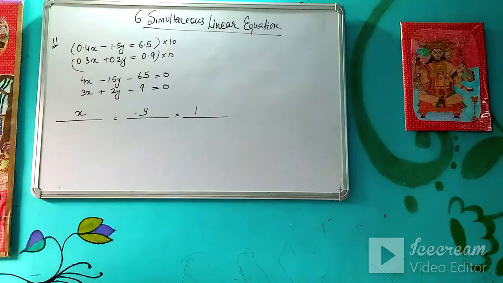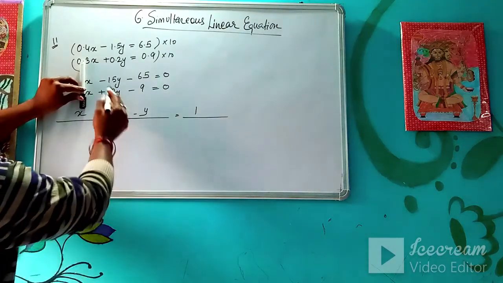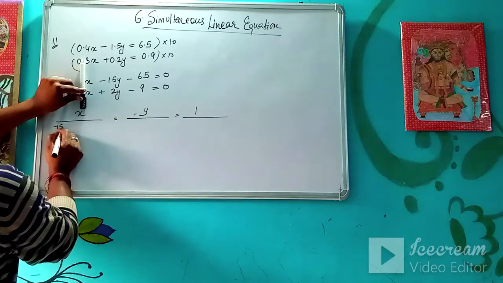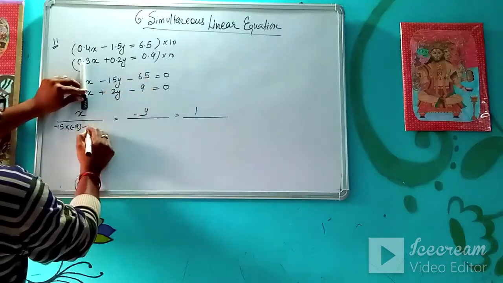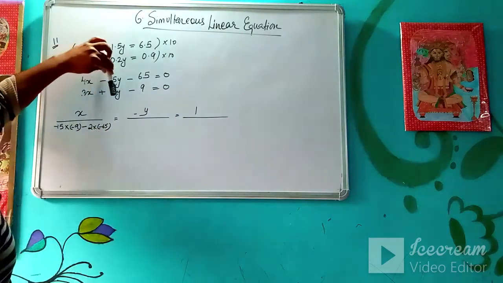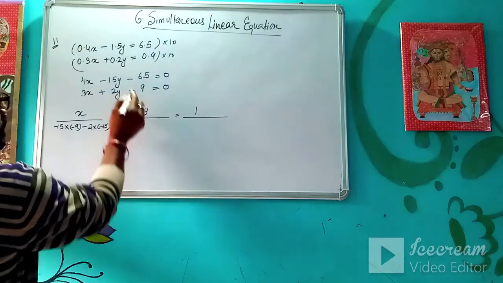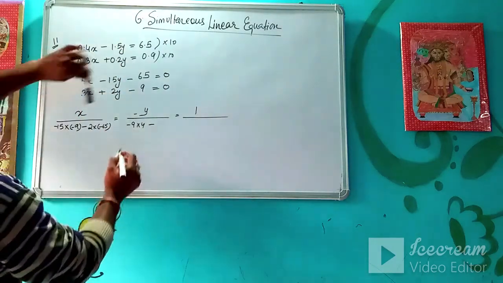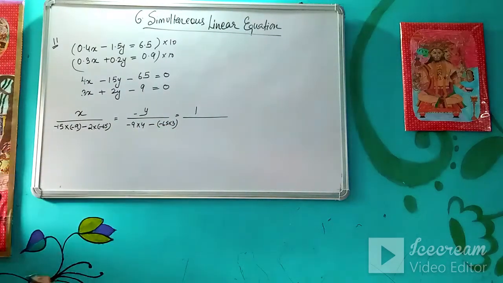Here I am hiding this x. So when you hide the x, what you will get? Minus 15 into minus 9 minus 2 into minus 65. Then after hiding the y, what you will get? Minus 9 into 4 minus 65 into 3.